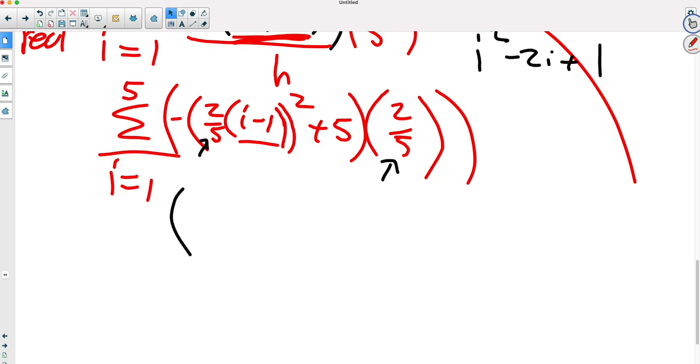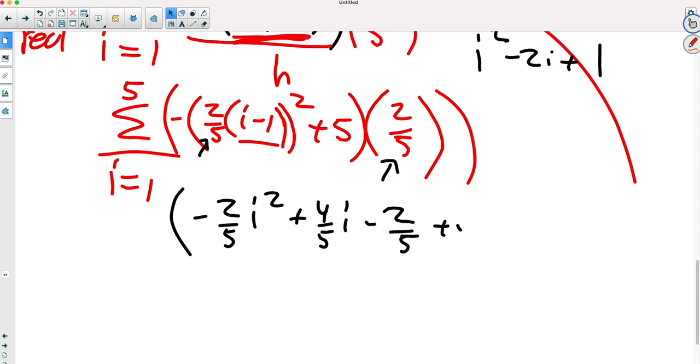So I get negative 2/5 i squared plus 4/5 i, minus 2/5 plus 5, all of this times 2/5.